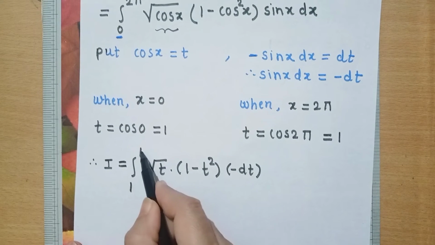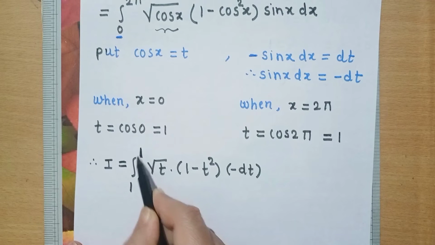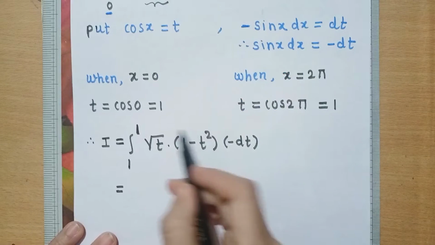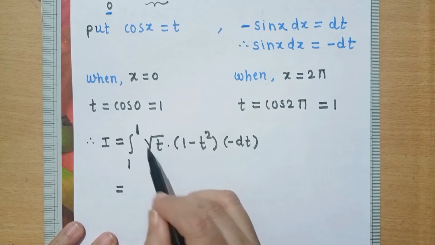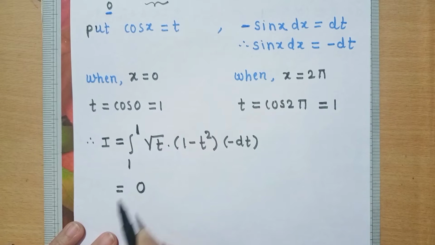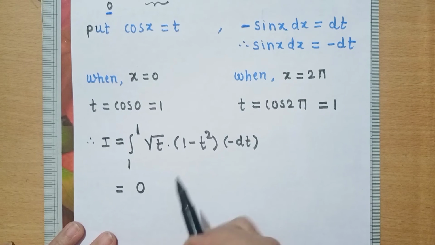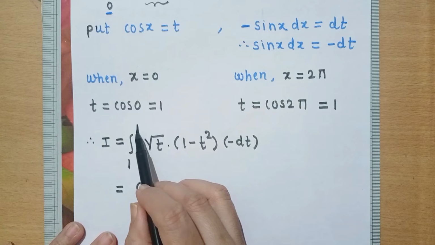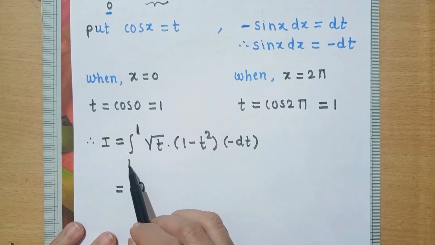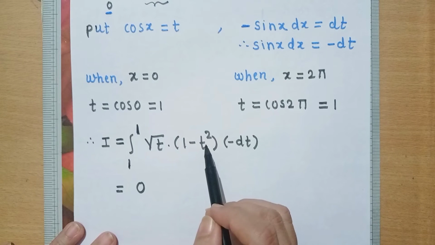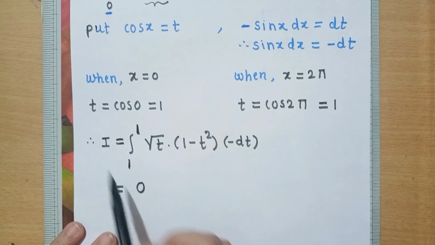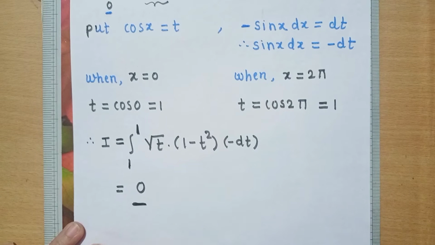Since in definite integration we are substituting the upper limit, then by substituting the lower limit, the same term is subtracted from the same term, so the value of this definite integration will be 0. Or again by another way, if I substitute, 1 minus 1 square is 0, and again substituting the lower limit, 1 minus 1 is 0, 0 minus 0 is 0. So the final answer is this.